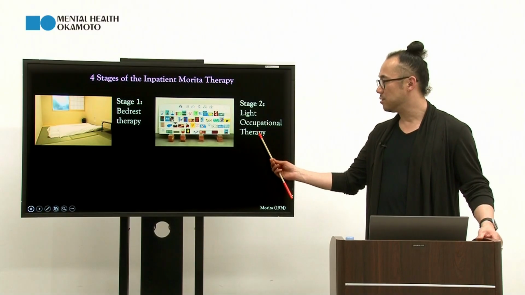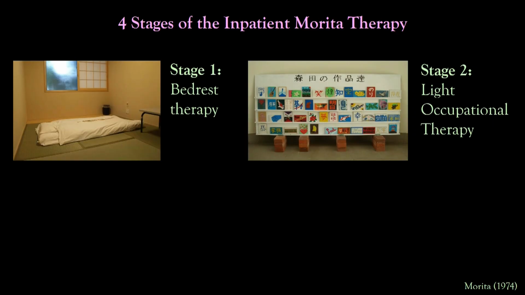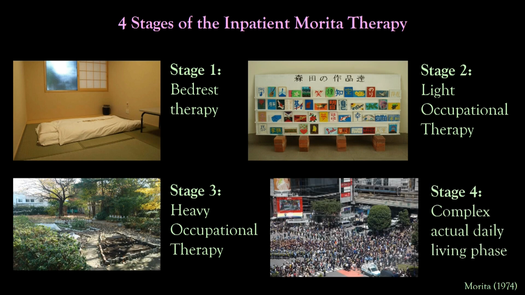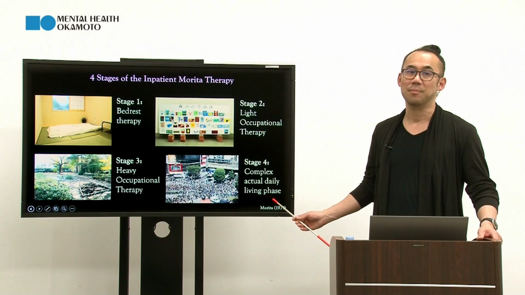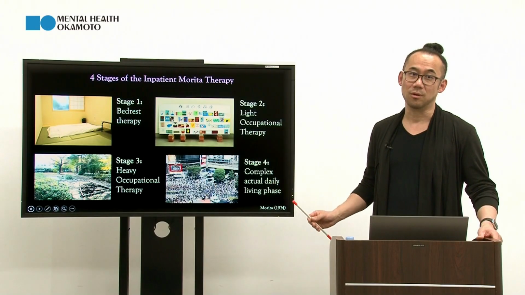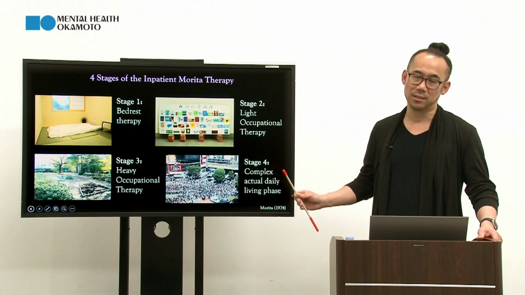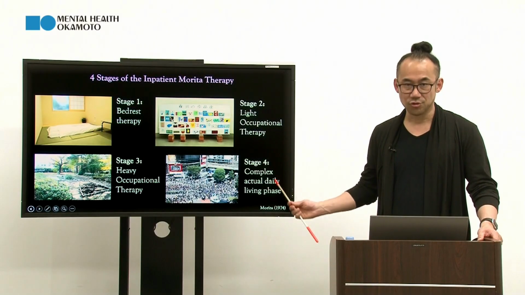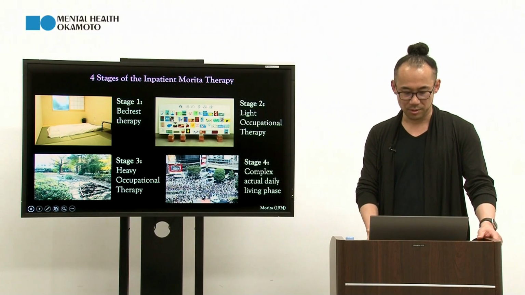In Stage 2, after the rest, they go through light occupational therapy, Stage 3 is heavy occupational therapy, and Stage 4 is the complex actual daily living phase, which basically means that patients and clients go back to their work or school from hospital. It is a gradual reintegration back to the real world. That's the structure of inpatient Morita Therapy.